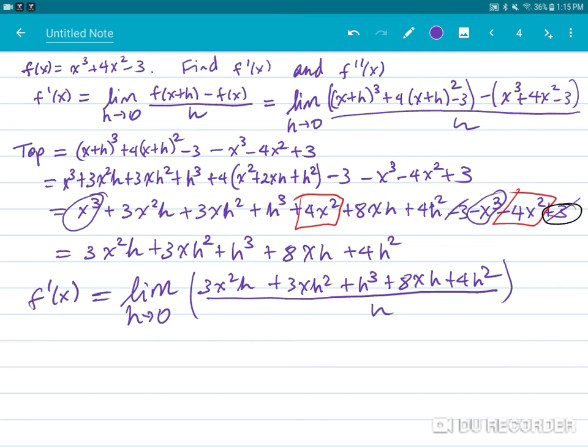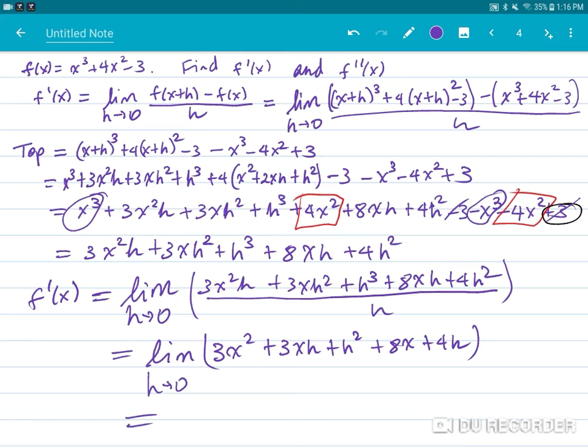Now factor h out and cancel, and that will give you 3x squared, 3xh, h squared, 8x, 4h, as h approaches 0. That will be 0 when you put 0 in for h. That gives us 3x squared plus 8x, and that's the first derivative of the function f.